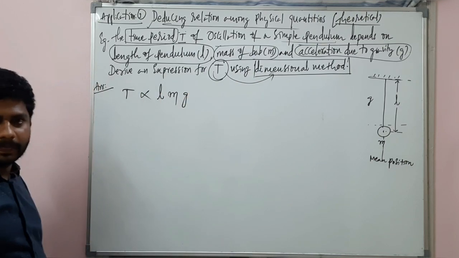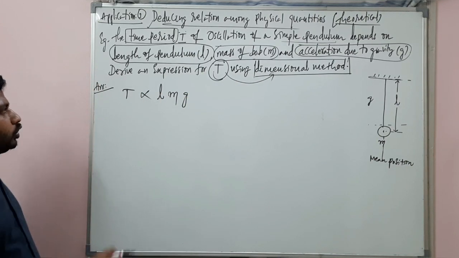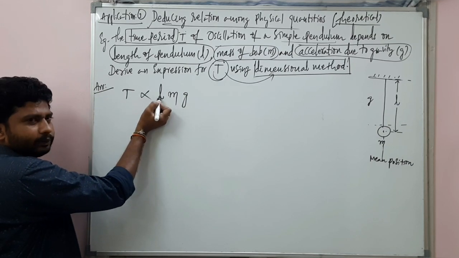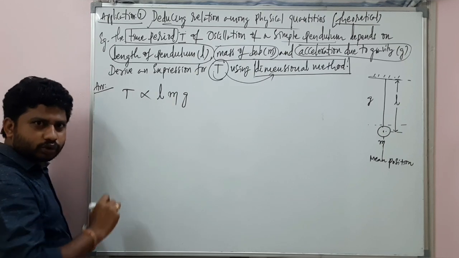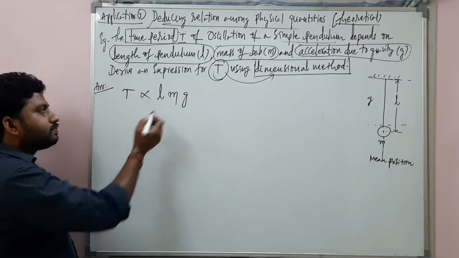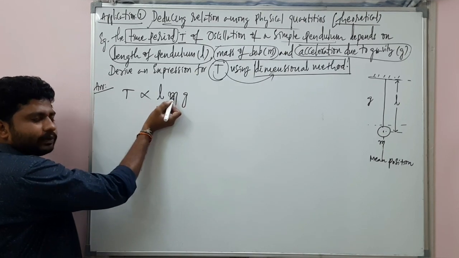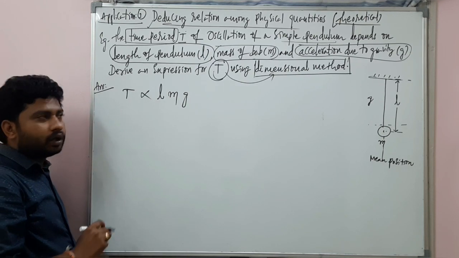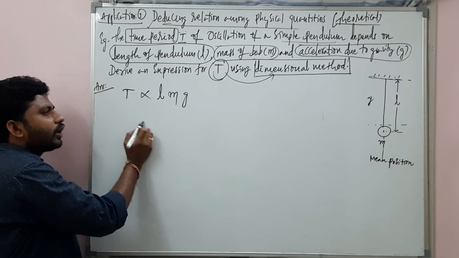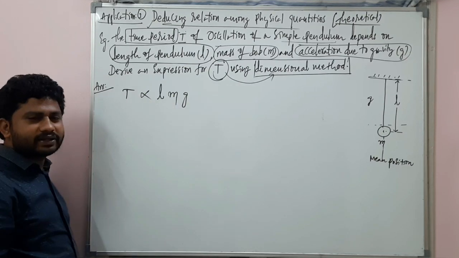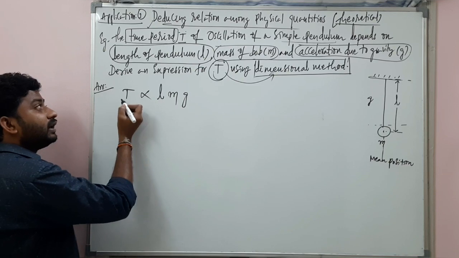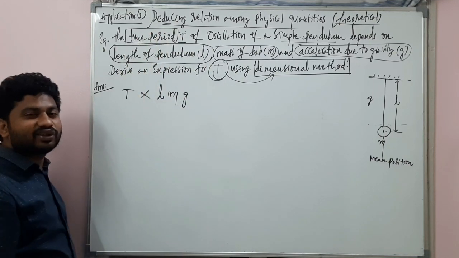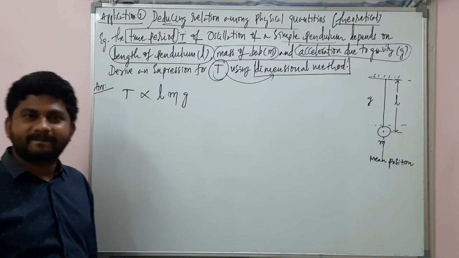Carefully see. You may get a doubt: Sir, why did you take the time period directly proportional? It may be inversely proportional also. Why did you take mass directly proportional to the time period? It may be inversely proportional. Why did you take the time period directly proportional to acceleration due to gravity? It may be directly proportional to the square of the acceleration due to gravity. Understand?